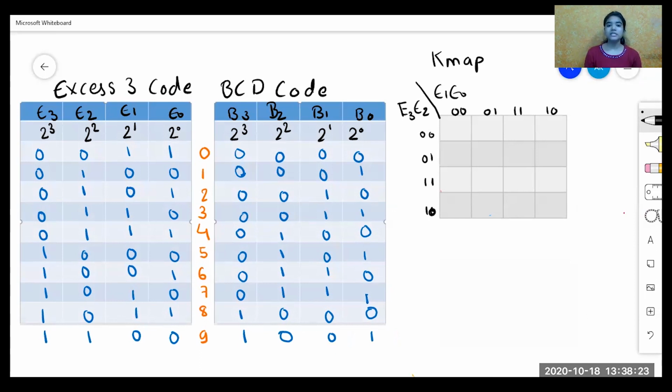So wherever there are zeros and wherever there is 1, look at the corresponding XS3 code and fill this K-map with zeros and 1s. So we see the XS3 code for 8 and 9, those are 1s. So we fill here 1, 1, and wherever there are zeros we fill zeros here.